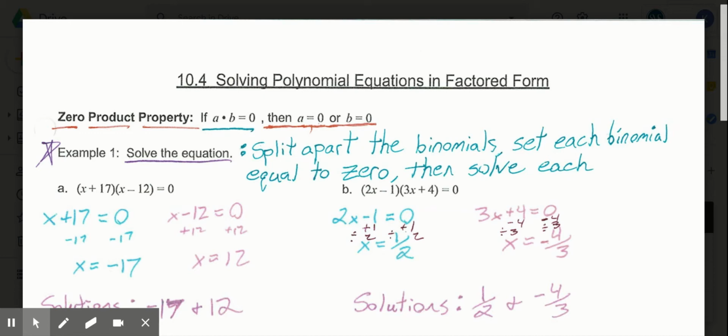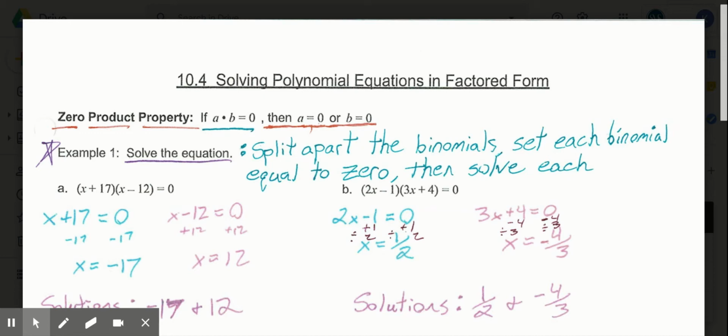For today's lesson, the main property that we'll be applying is the zero product property. The zero product property states that in any equation, if a times b equals 0, then we know a equals 0 or b equals 0.